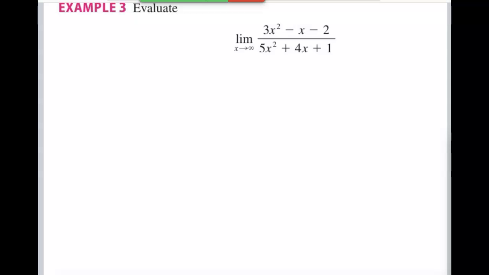If you have a rational situation, what I want you to do is find the highest power of x in the denominator.